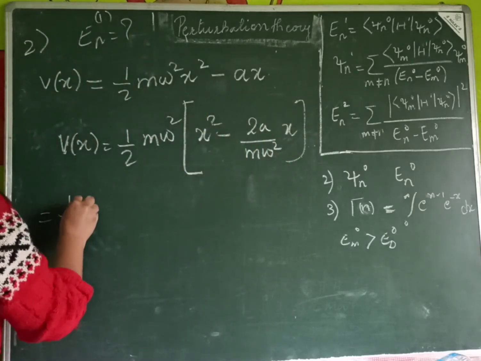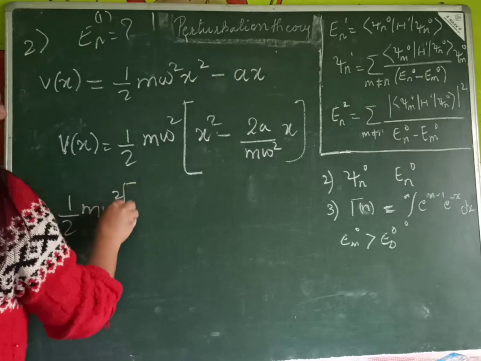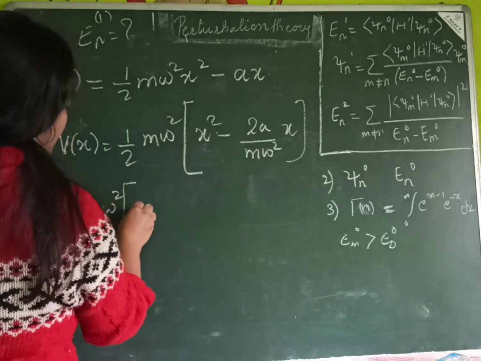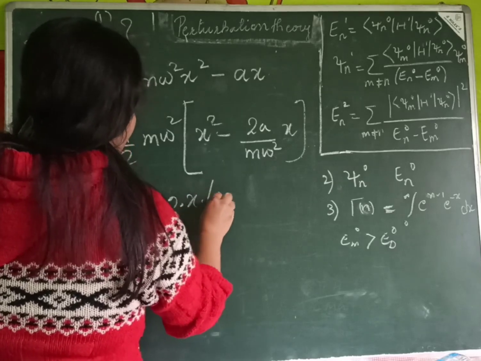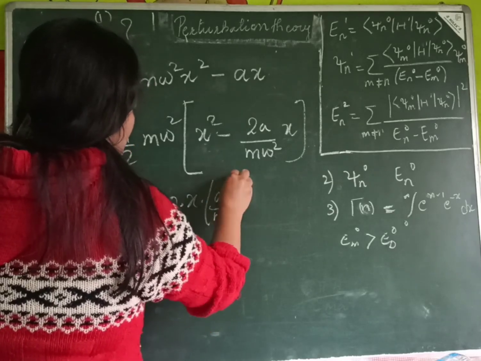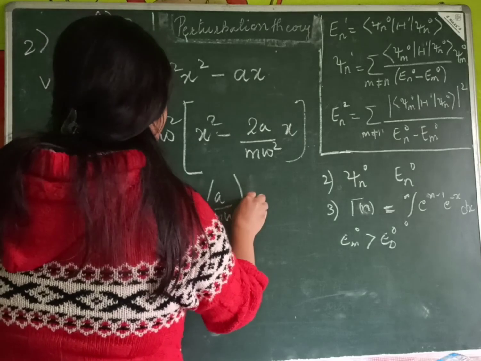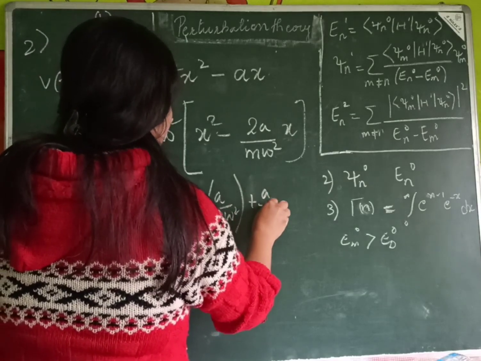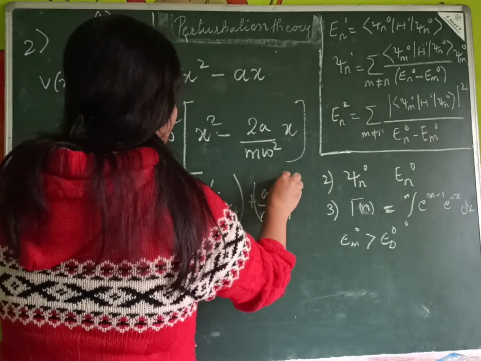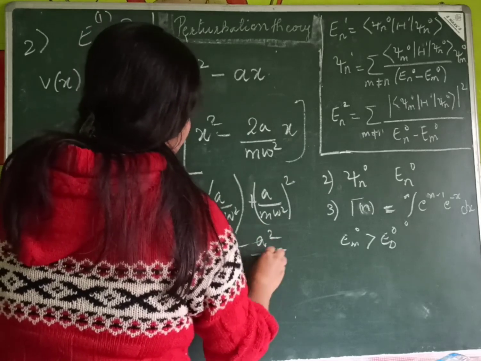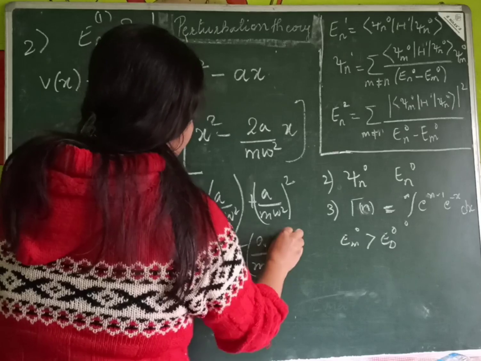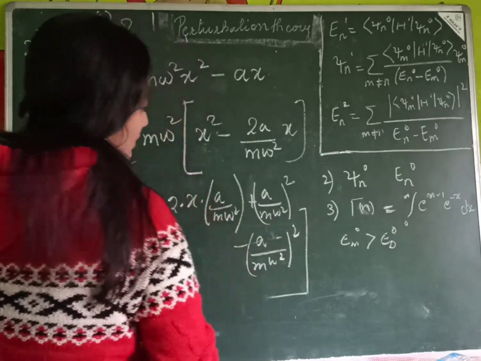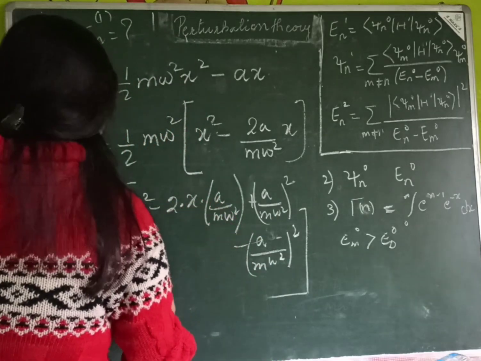I will try to make it a whole square, which gives me x squared minus twice into x into a by m omega squared, plus a by m omega squared whole squared, minus a by m omega squared whole squared. So this is what I get.